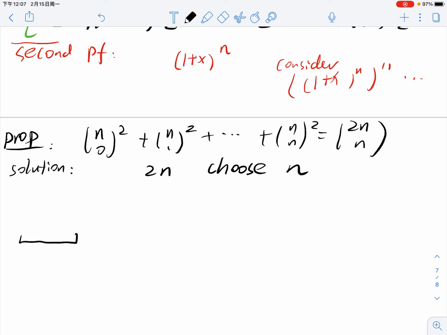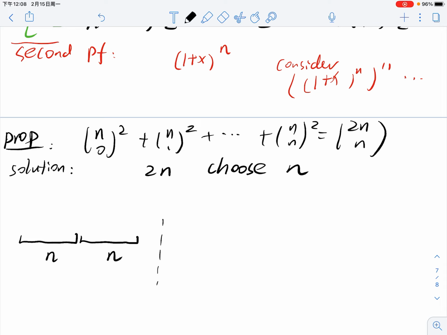And for the left-hand side, we take the 2n objects and divide them into two parts: the first n objects and the second n objects.